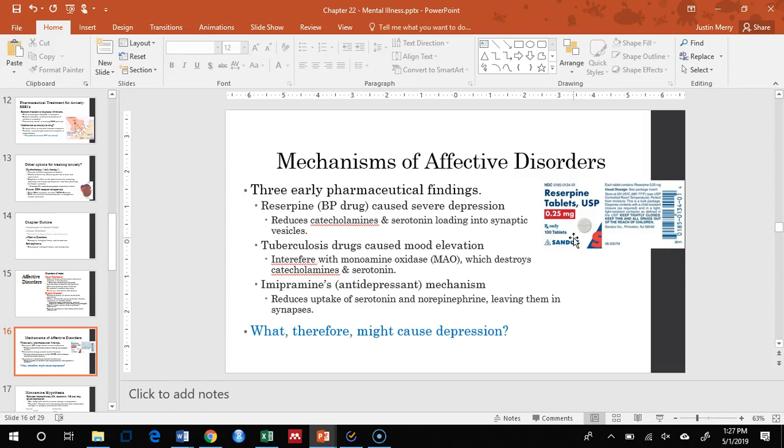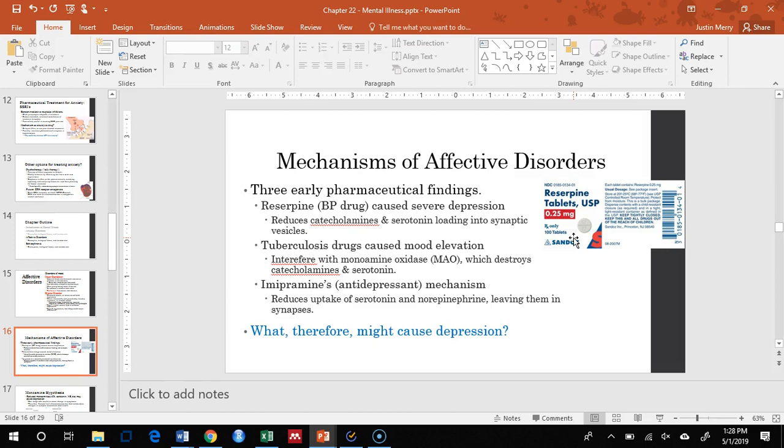We said there was this early finding that people getting a blood pressure drug called reserpine were coming down with severe depression. What we discovered is that this drug reduces catecholamines like dopamine and serotonin. These are both monoamines. It reduces how many of those get loaded into vesicles. These are tuberculosis drugs that function as monoamine oxidase inhibitors.